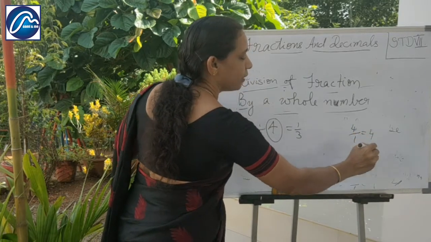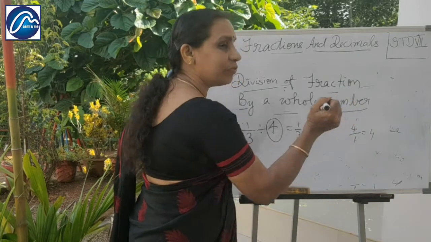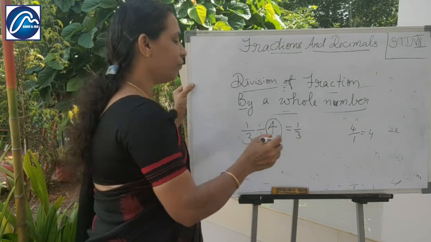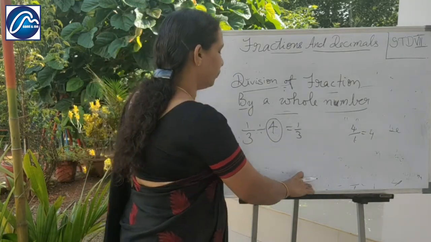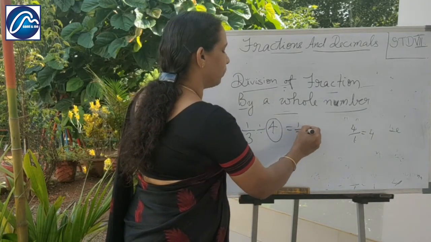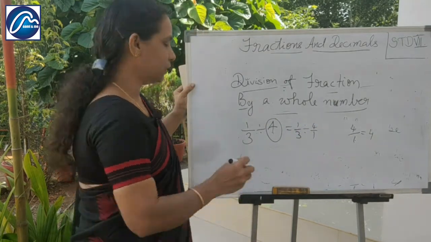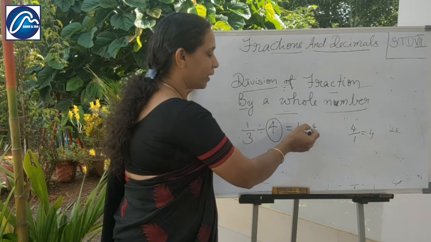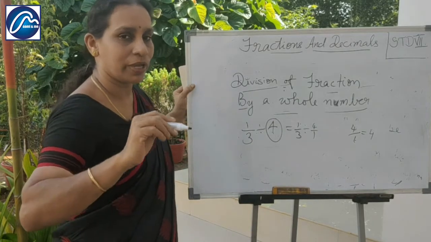Every whole number, when divided by 1, gives the same number. So every number can be written like this. So 1 by 3 divided by 4 by 1.